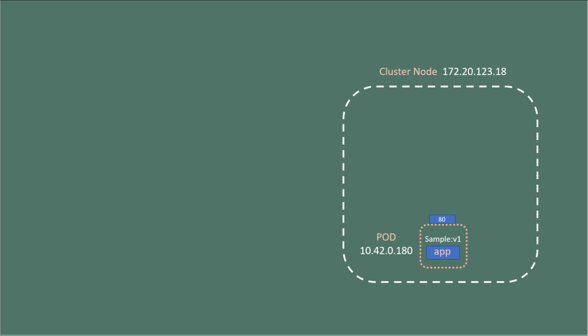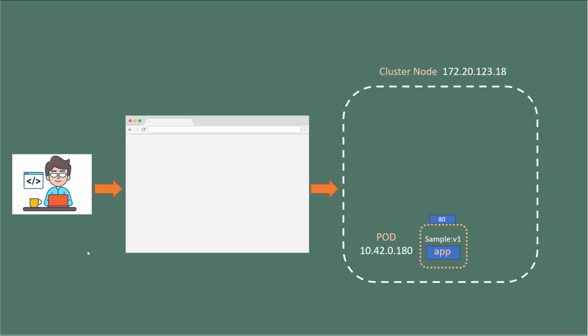When we bring up a container or a pod here, it gets an IP from the Kubernetes cluster. So our application is now up, and how can we access this application? Here there is a user who wants to access this application. How can they do that?